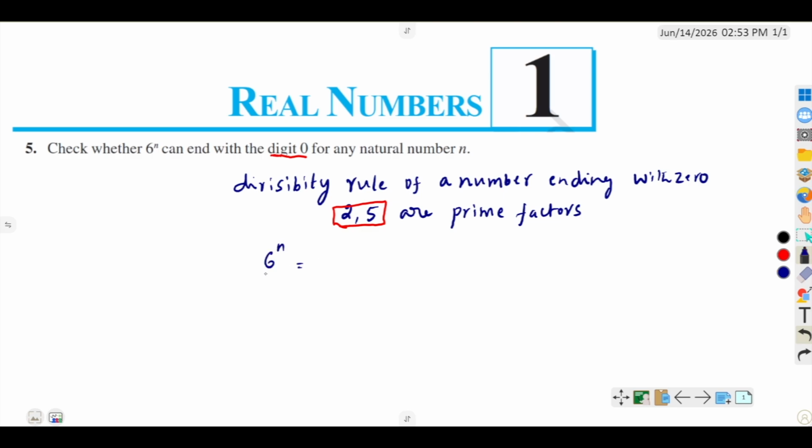Now let's check for 6 power n. We can write 6 as 2 times 3, the whole to the power n. If you distribute, it will be 2 power n times 3 power n. In 2 power n, we have the factor 2 n times, right? Even in 3 power n, it must contain 3 n times.